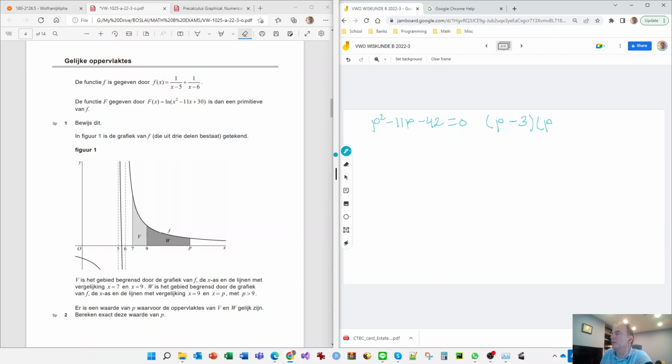Let's try minus 3 plus 14. Well, no, that doesn't work. But plus 3 minus 14 works. So P is minus 3 or P is 14. But it is said here that P is greater than 9. So this drops out. So here we have a final answer.